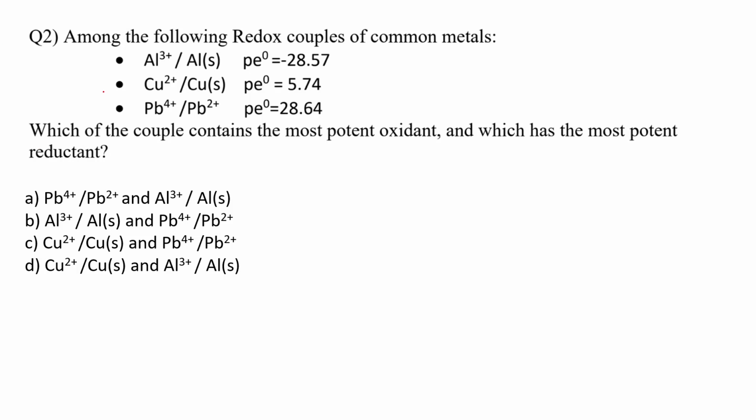For the first couple we have this value, for the second 5.74, and for the third, lead, we have 28.64. Which of the following couples contains the most potent oxidant and which has the most potent reductant? Please take some time and solve this question.